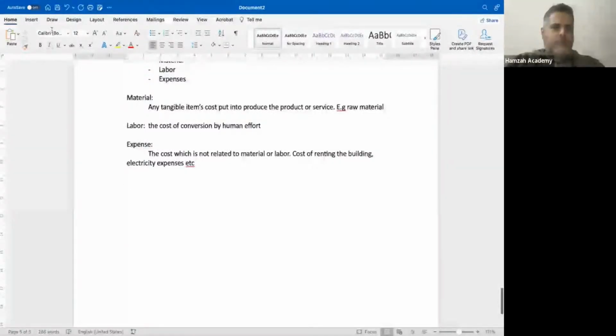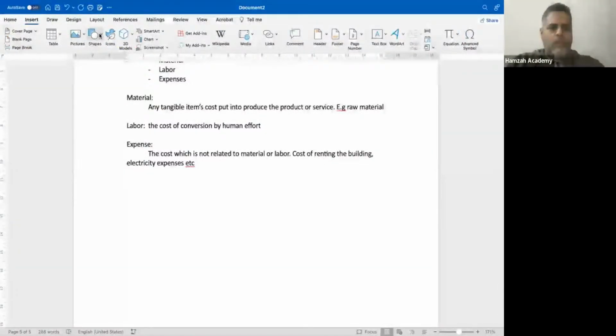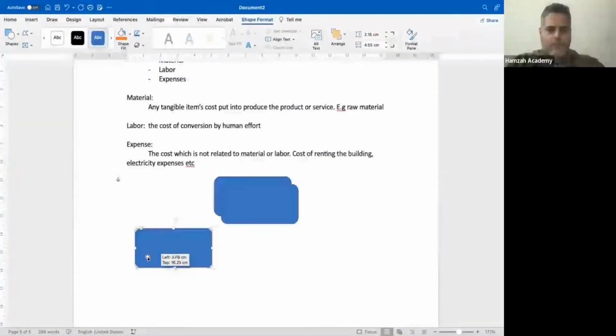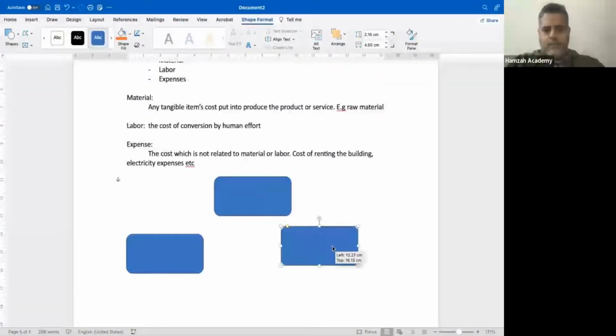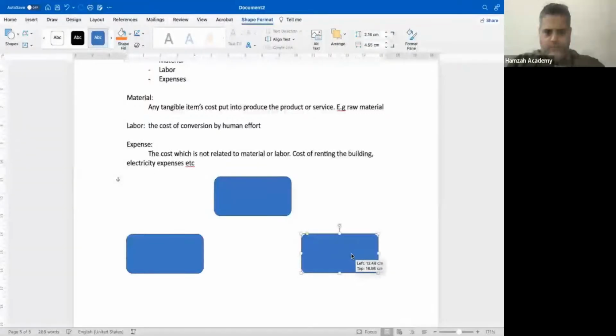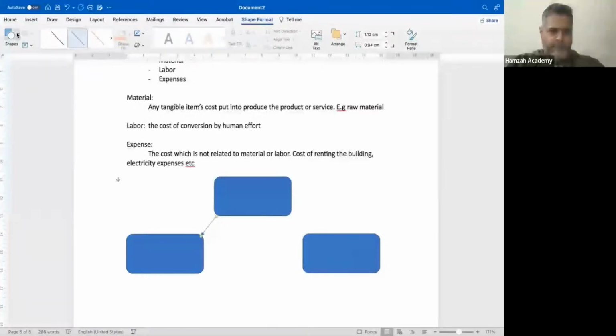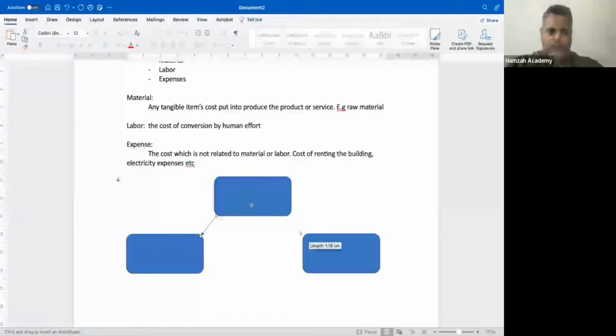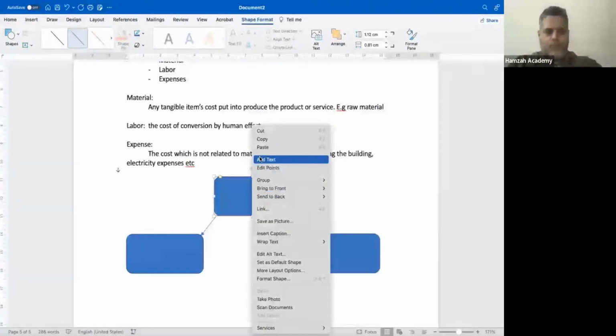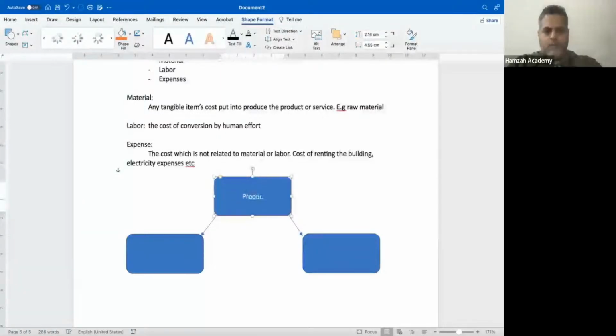Now, if I try to present it graphically, we have this over here, and then here. So this is going to be the production cost.